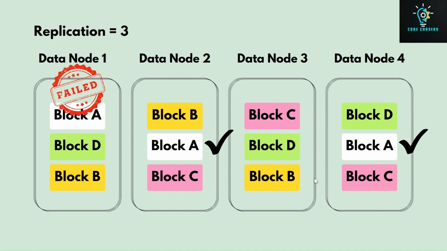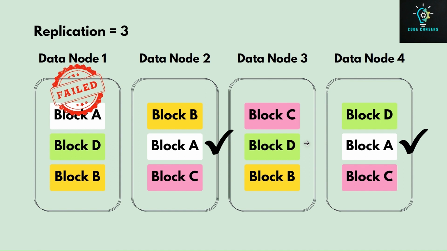Of course, code chaser. If any data node fails, the blocks present in that damaged data node will be lost, right? Hadoop will search for the nearest replicas of the blocks present in active data nodes. To be more clear, the damaged data node is data node 1 and block A is one among the blocks in data node 1.